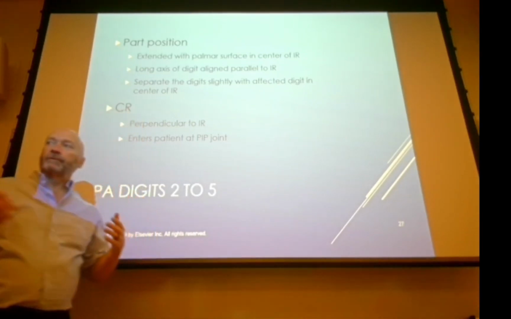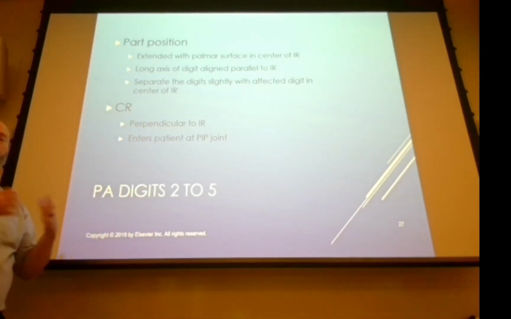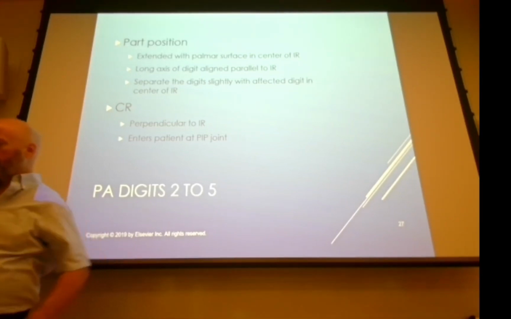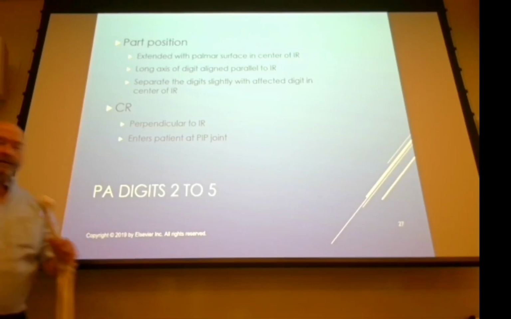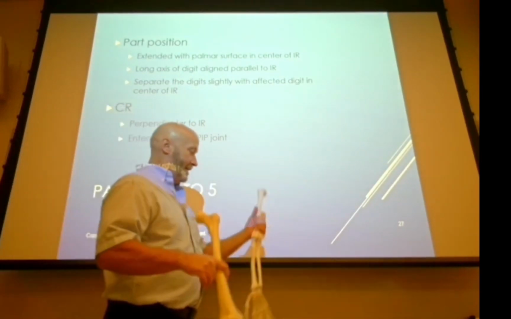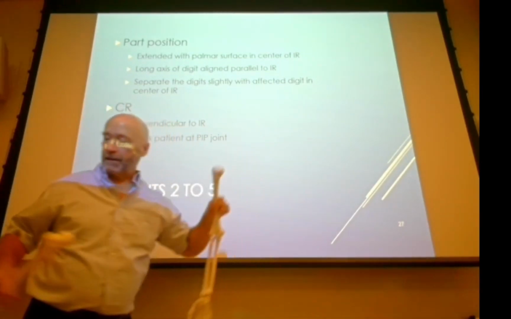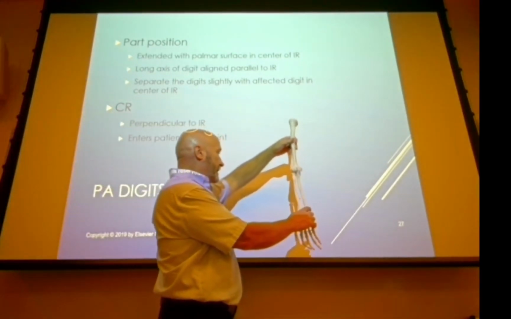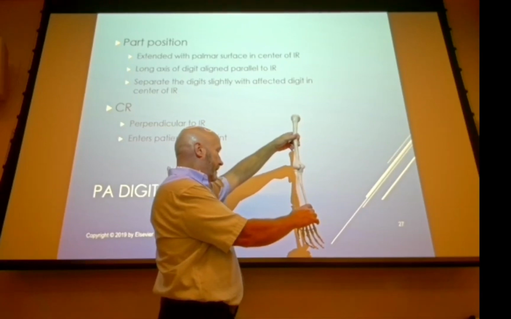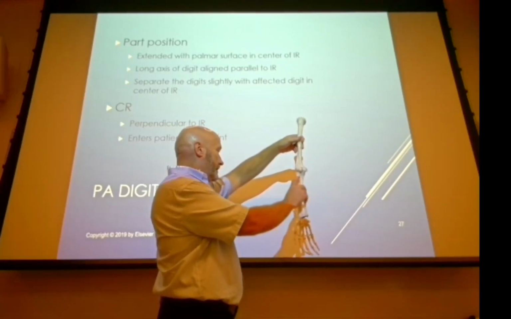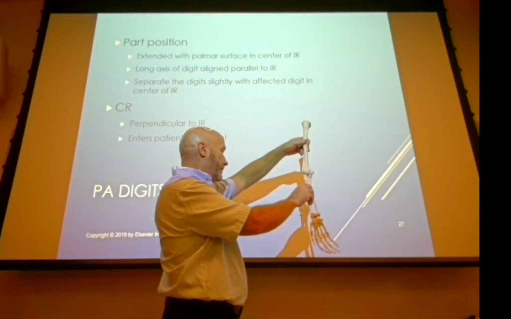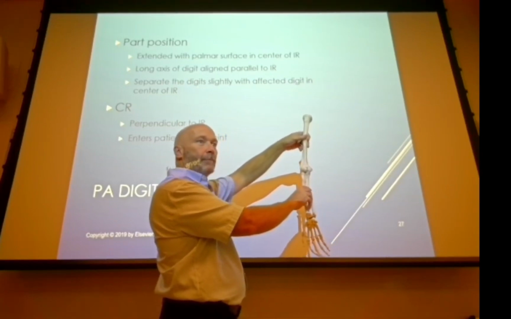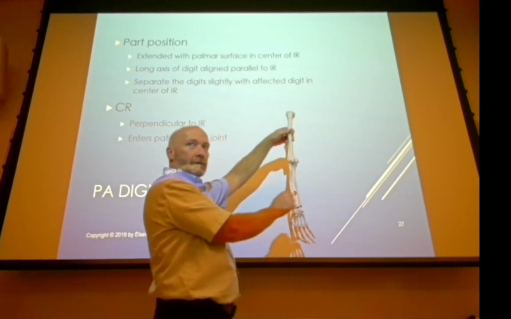But in order to see through a joint space, let's pretend. Can you see the light between the distal portion of the humerus and the radial head? Yes. Okay. You can see that because the light is parallel to the joint space.